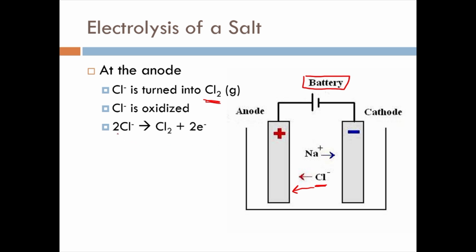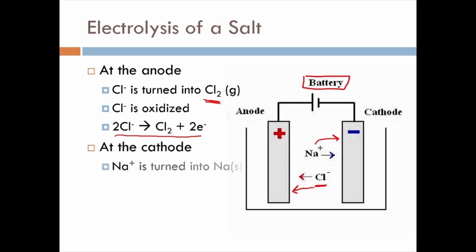And you get the oxidation reaction occurring at the anode. The cathode will attract the positive ions to itself, and here a reduction will occur at the cathode, and this will cause the sodium ions to become solid sodium.